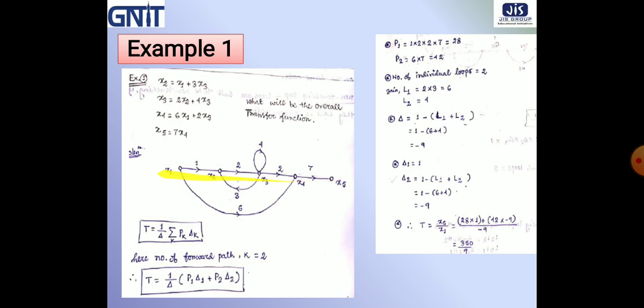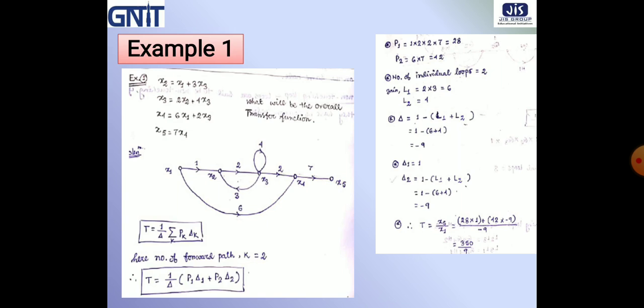If we consider this path, then we can travel from x1 to x5. So this is one forward path, and this is another forward path. Here, this is another forward path.